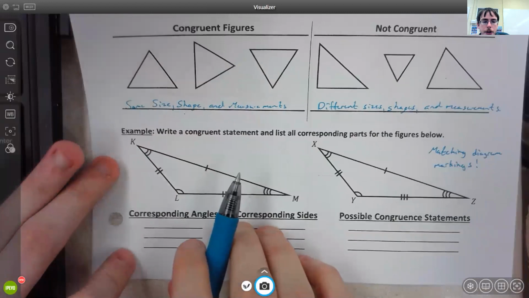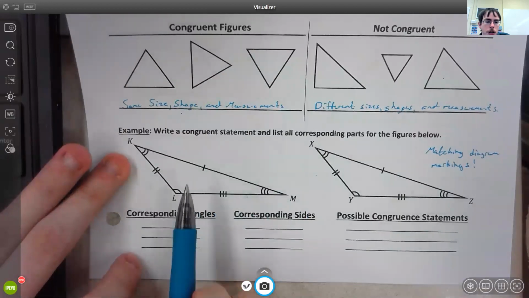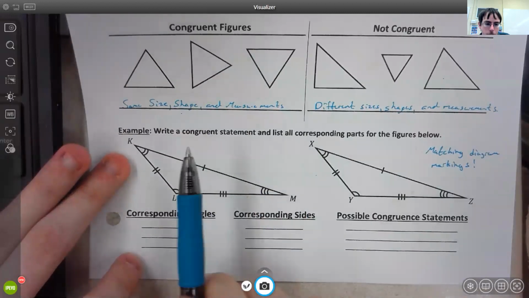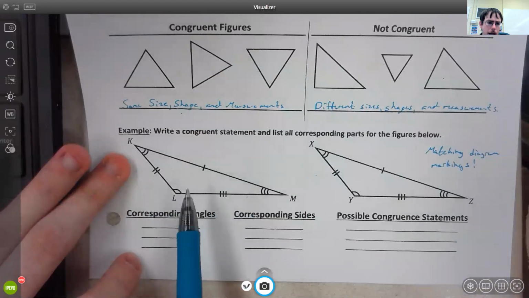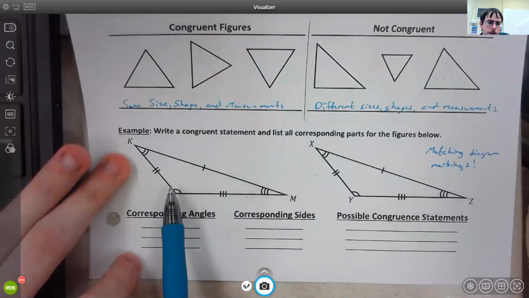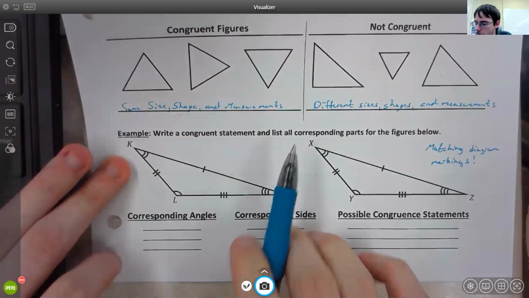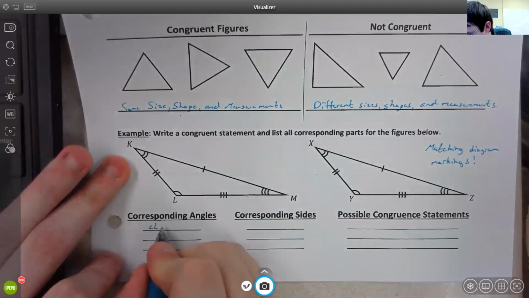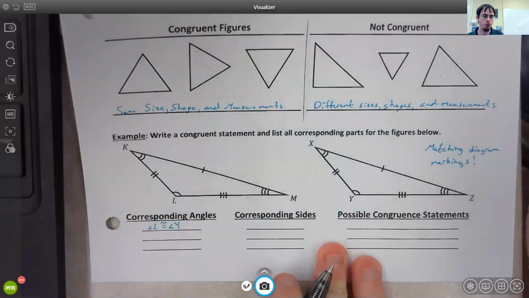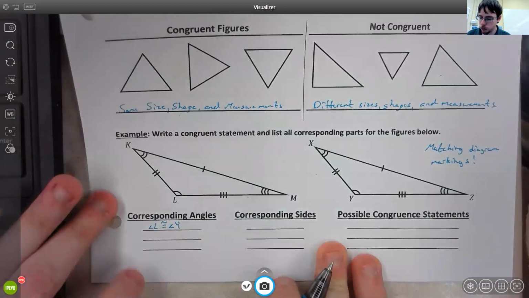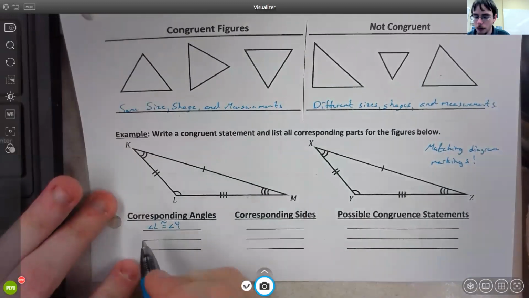So our corresponding angles. From the diagram here, what would be our corresponding angles? Well, we can see right off the bat, we have L. L has one semicircle, one arc in it, and so does Y. So we know that angle L is congruent to angle Y. Okay.